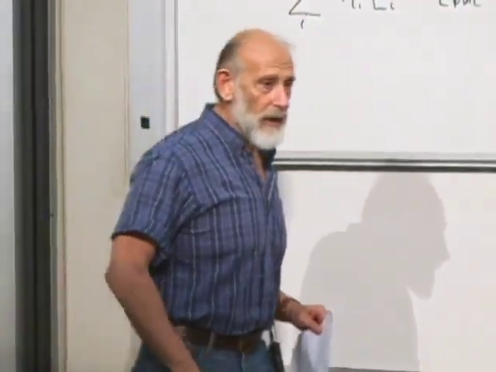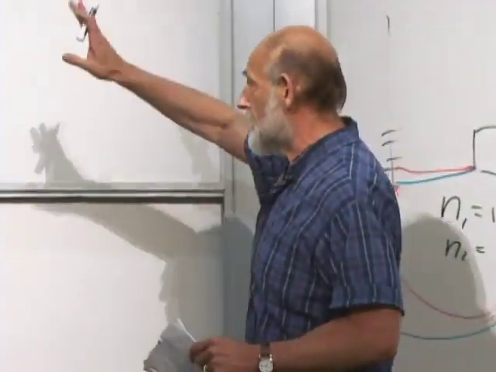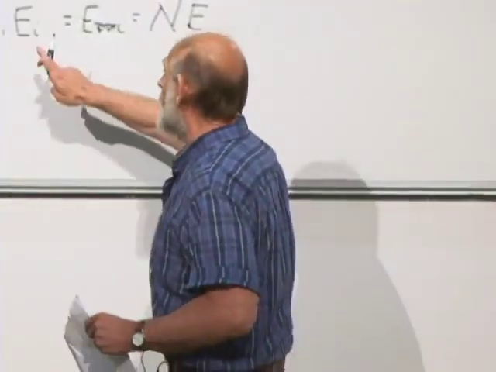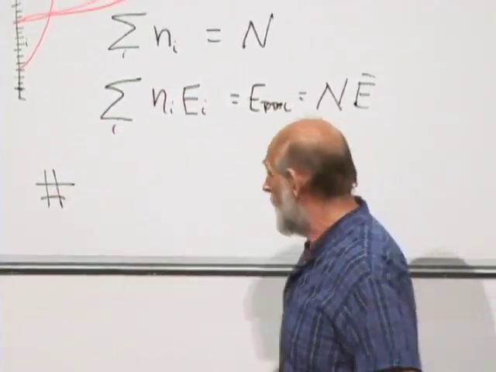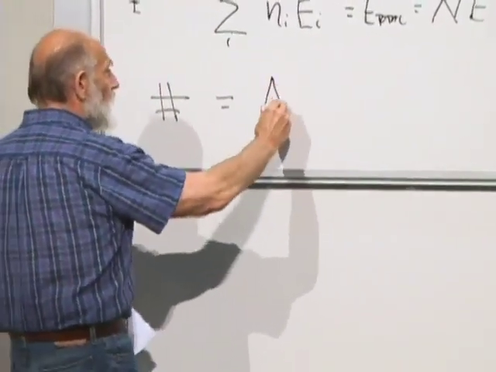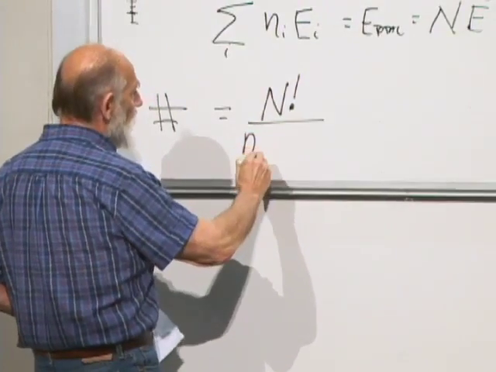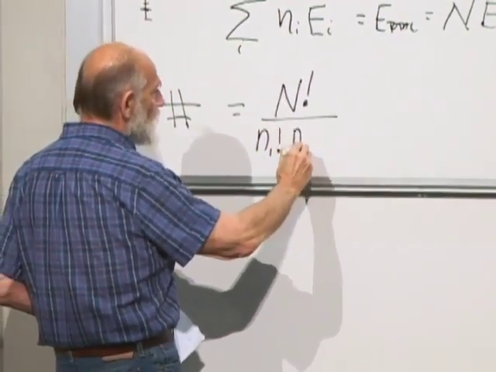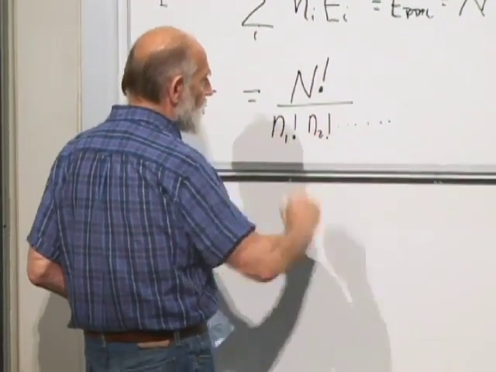The number of ways that the energy can be partitioned among the boxes such that we have a given set of n sub i's is equal to n factorial divided by n1 factorial, n2 factorial, n3 factorial, and so on.